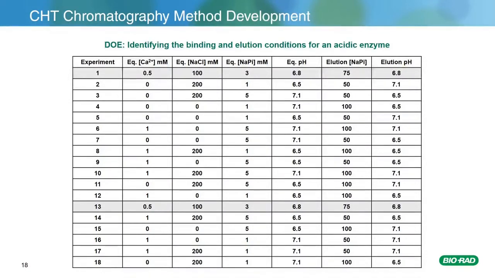Just like the earlier cases, we use DOE for chromatography condition screening. Besides the buffer pH, sodium chloride concentration, and sodium phosphate concentration, we also look into the effect of calcium ion on the binding of the target and acidic enzyme this time.